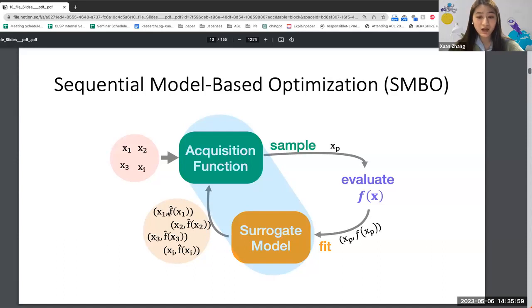And based on these predictions, the acquisition function selects another configuration to query F. And after evaluating F on the new point, we collect the results and feed it back to the surrogate model, which updates accordingly. And new predictions are then generated. So this process continues until it reaches a budget limit or a target performance level. And different choices of acquisition function and surrogate models lead to various HPO methods.